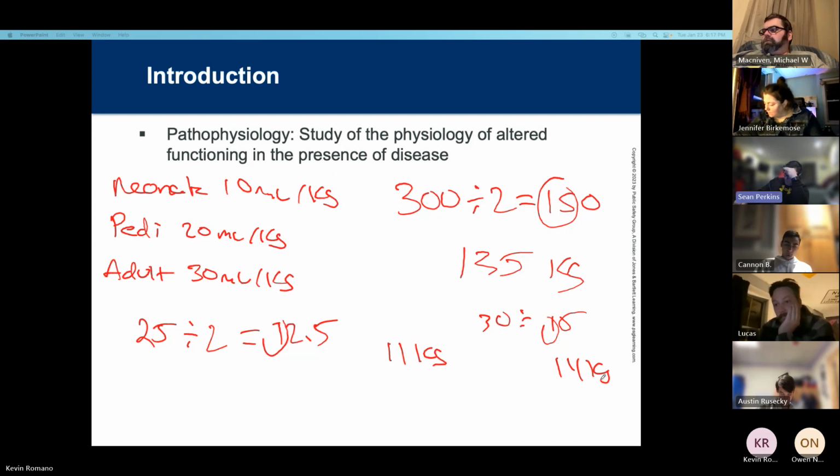So 350, right? Divided by 2 is 175 minus 17. Yeah, puts you at 158 kilograms.